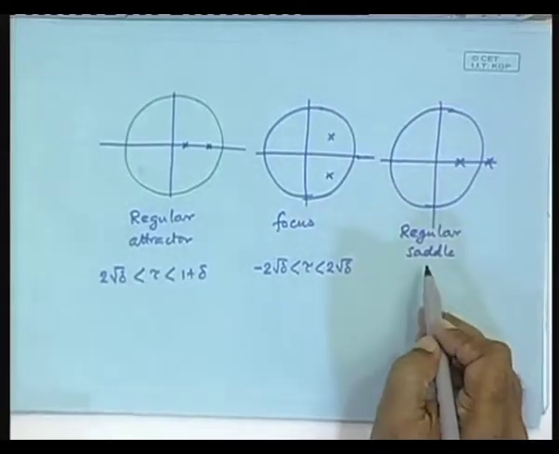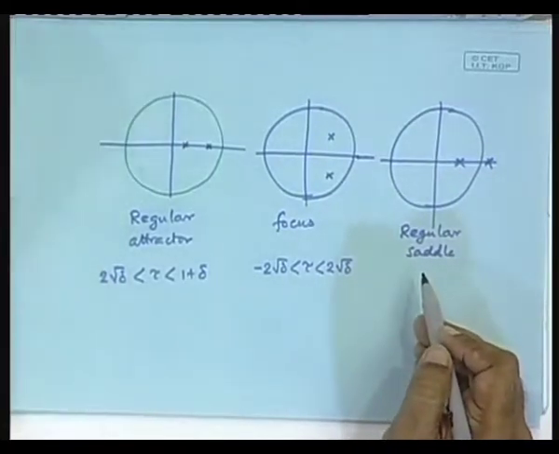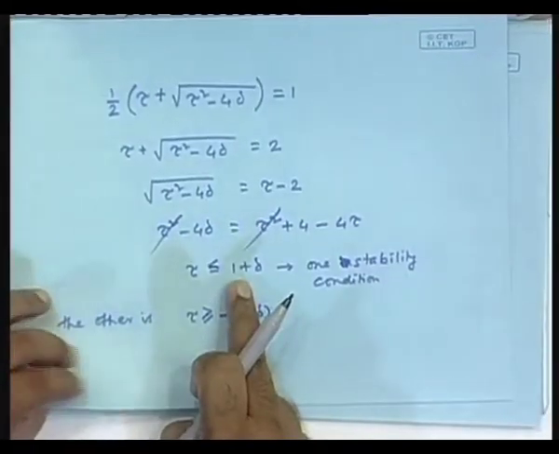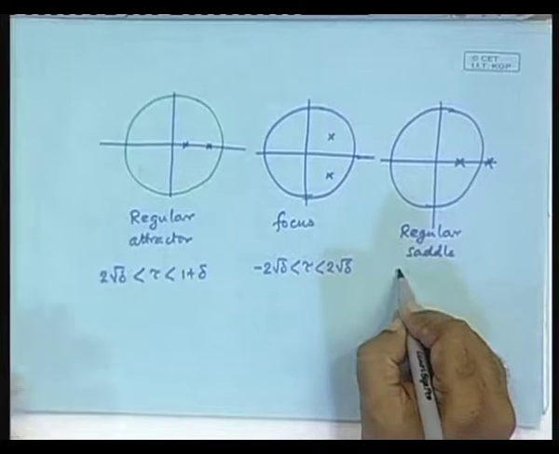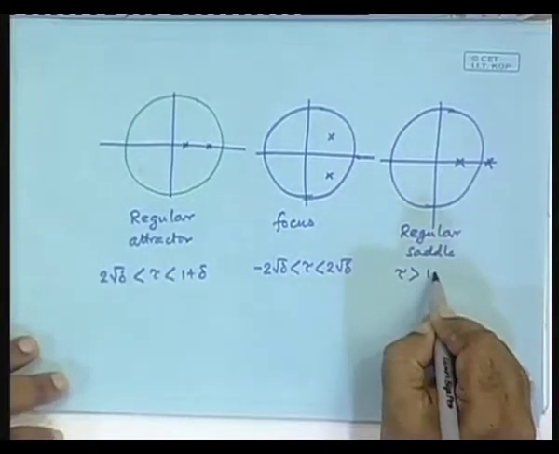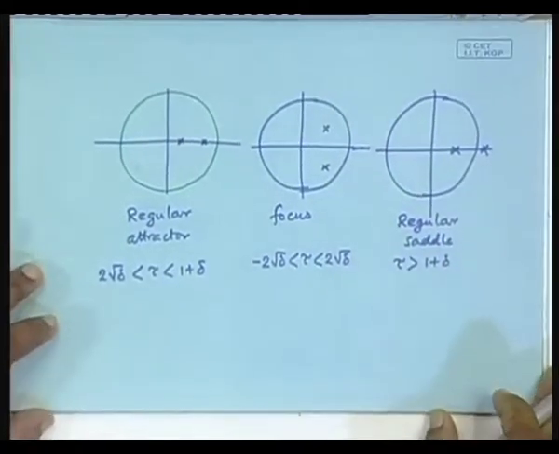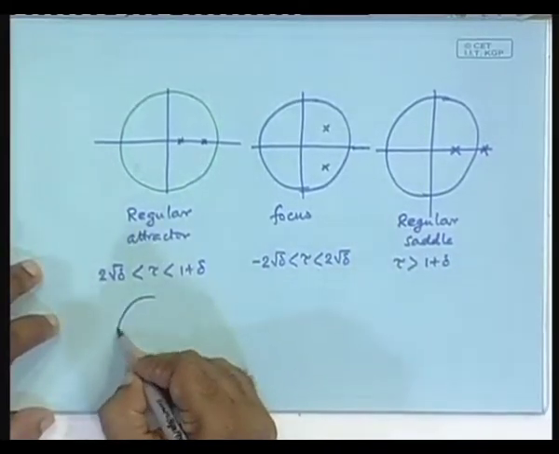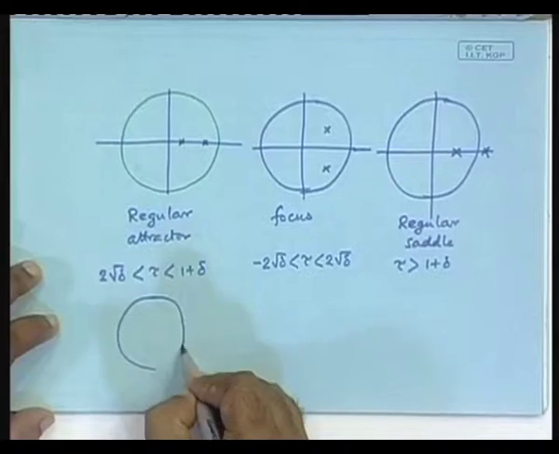When will that happen? When one stability condition has been violated. Which one? This one. So, then this is similarly. Let me draw here so that we can finish within this page.